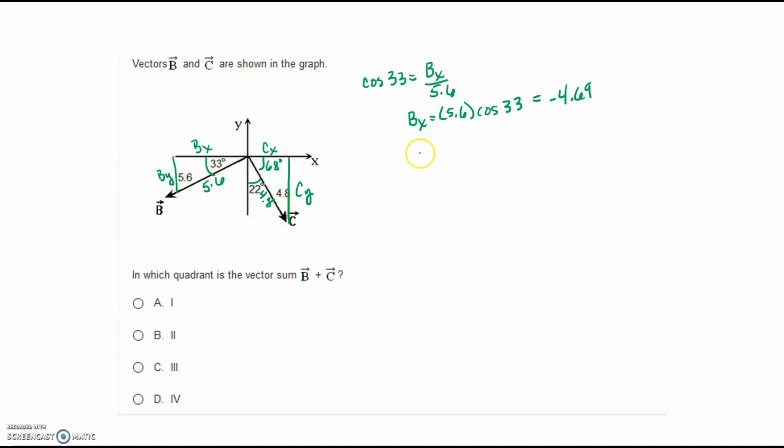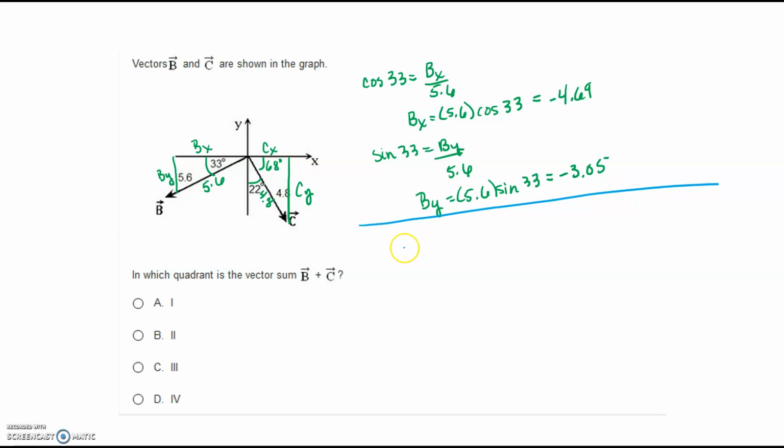And then sine of 33 is equal to BY over 5.6. This is 5.6 times the sine of 33, which is negative 3.05, because it's also in the negative direction. Then I did the same thing for C.